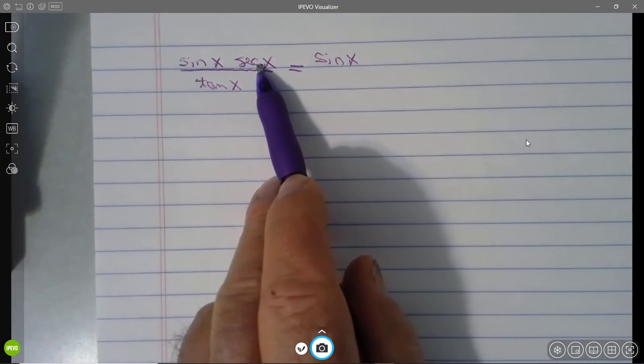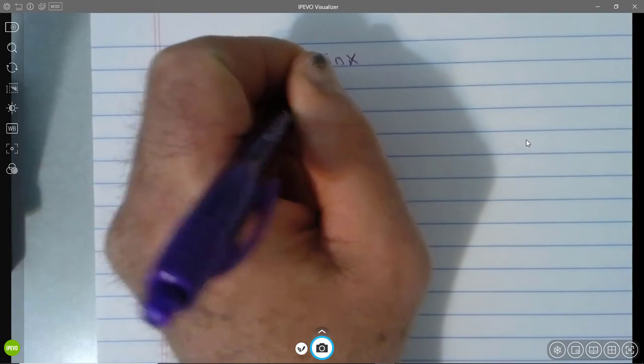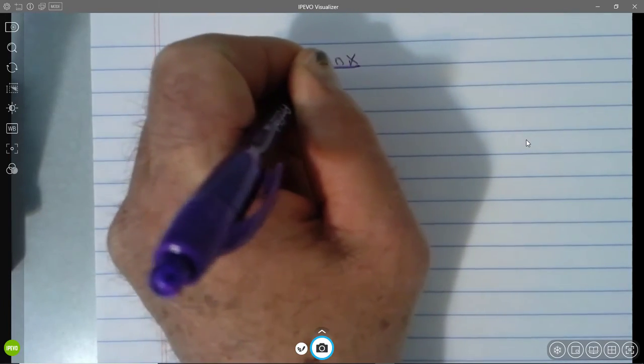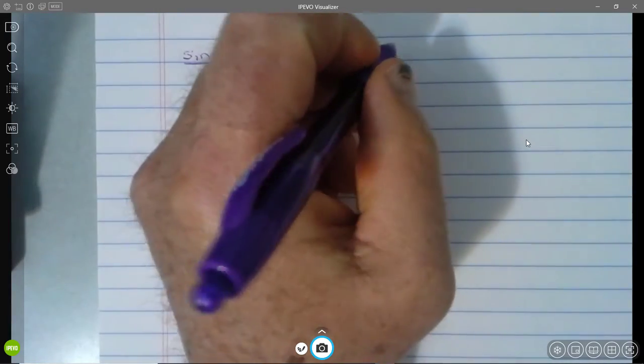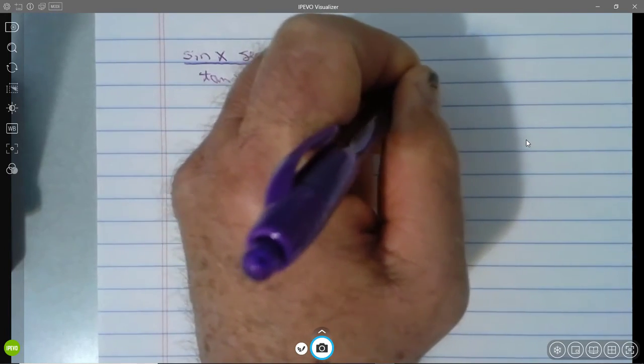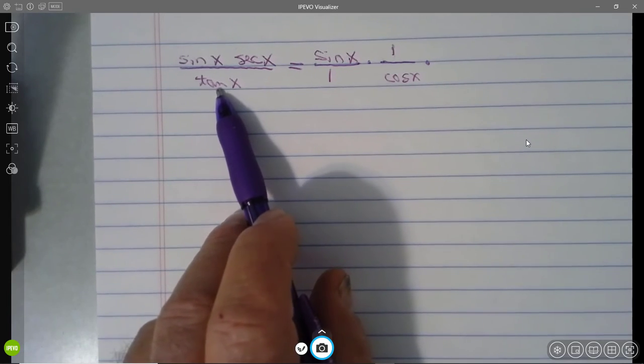But the secant is the same as 1 over the cosine. So sine of x, if I wanted to write this all out, I suppose I could do something like this. Then the secant is 1 over cosine. And this one down here, tangent, this is sine over cosine.